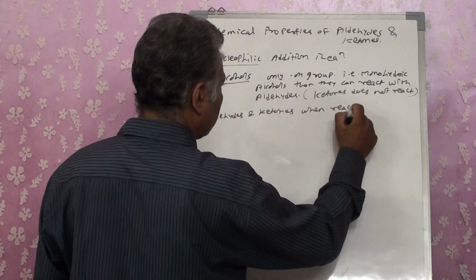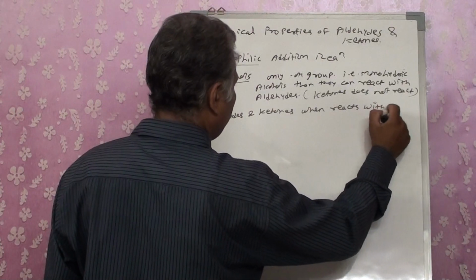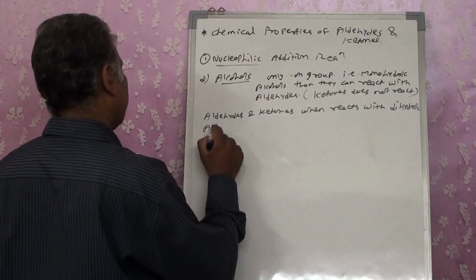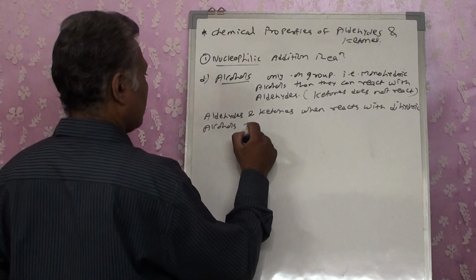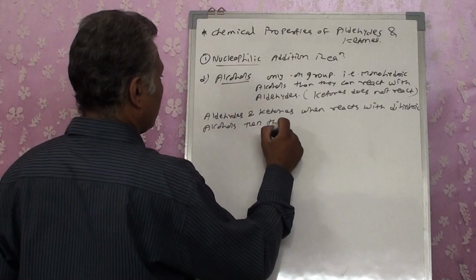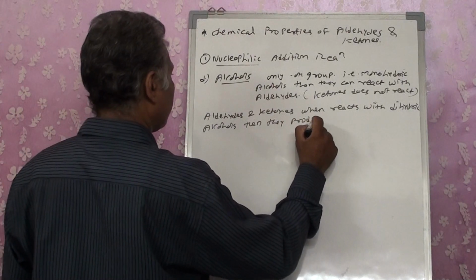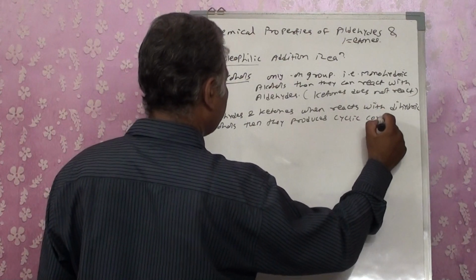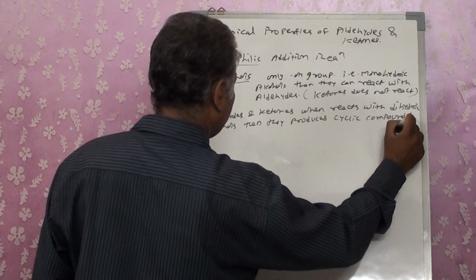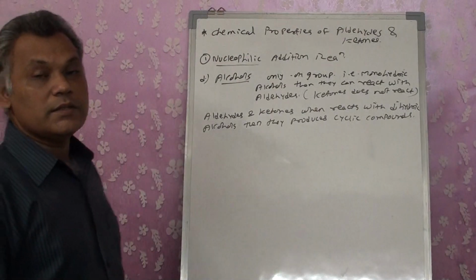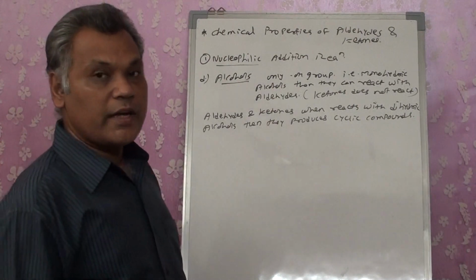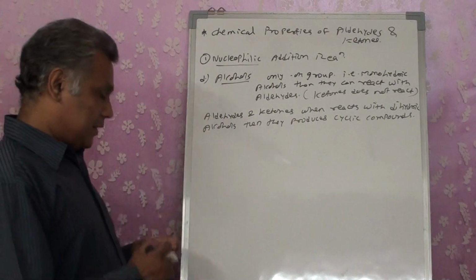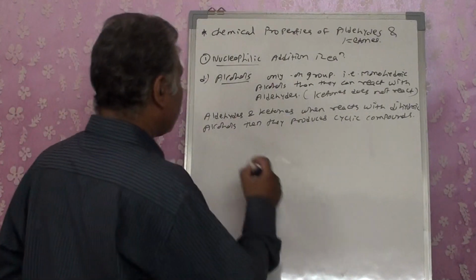then they produce cyclic compounds, which are known as cyclic ketals or cyclic acetals. Let's see how these reactions take place.